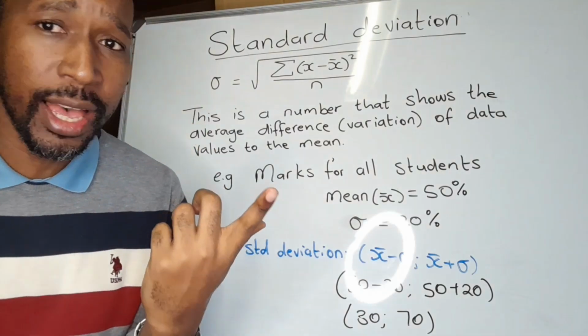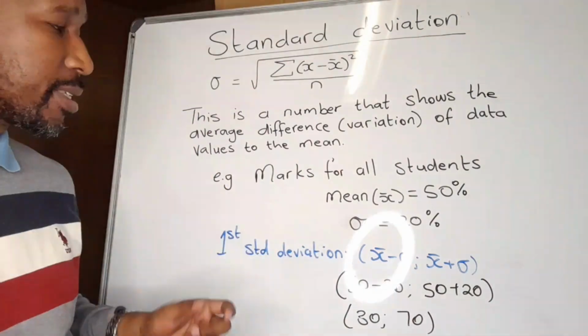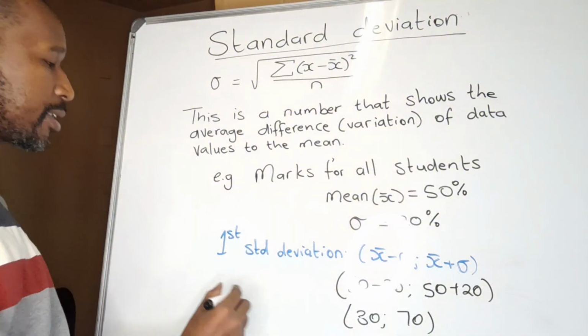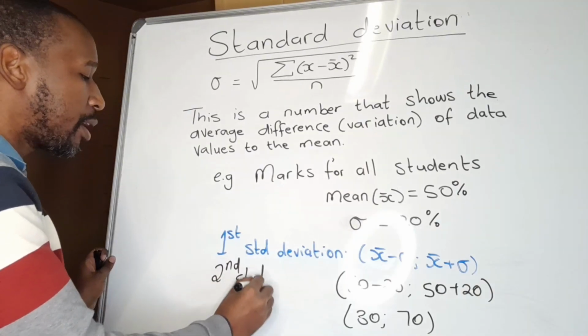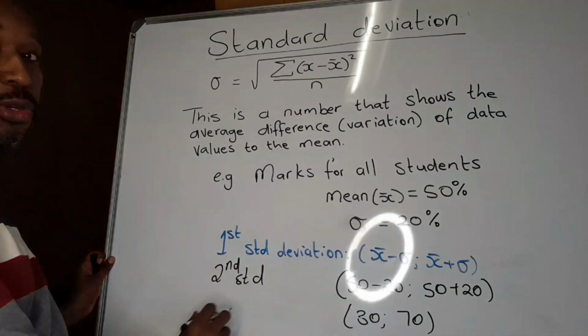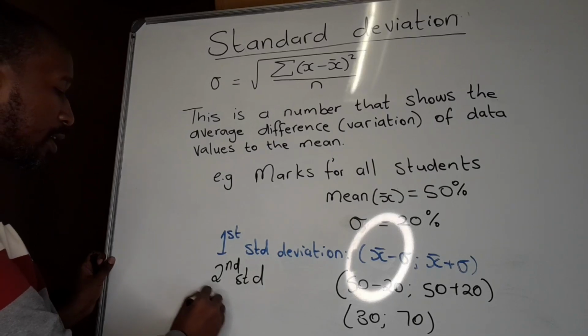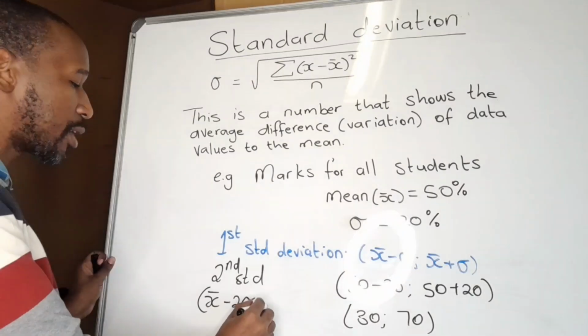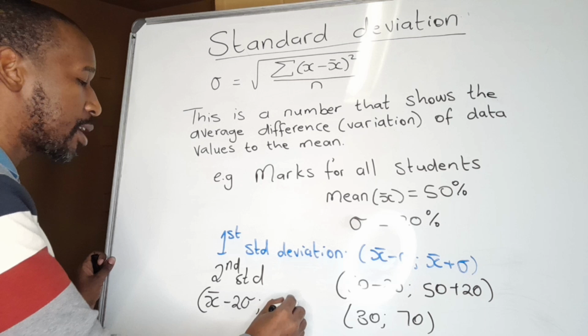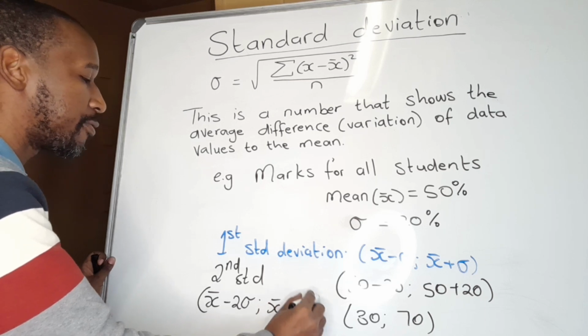We do also have something called the second standard deviation. The second standard deviation, I'll just do it this way, is going to be calculated using an interval of mean minus 2 times the deviation, as well as mean plus 2 times the standard deviation.